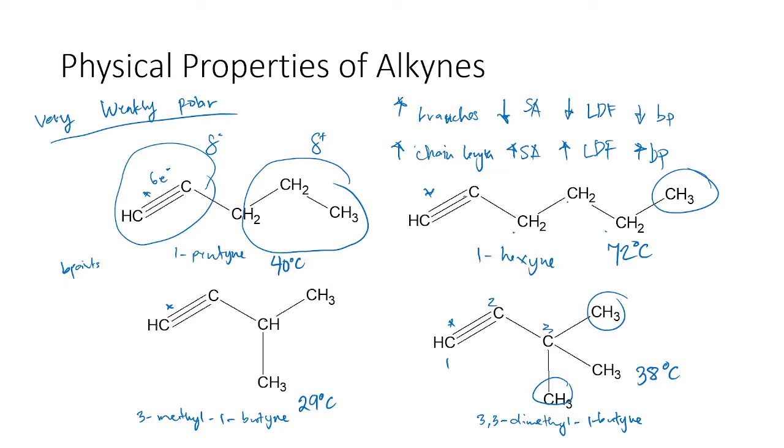Okay? So as you can see here, nag-increase na naman yung number of branches natin for the same number of carbon atoms. But since marami yung branches, mababa yung ating boiling point.